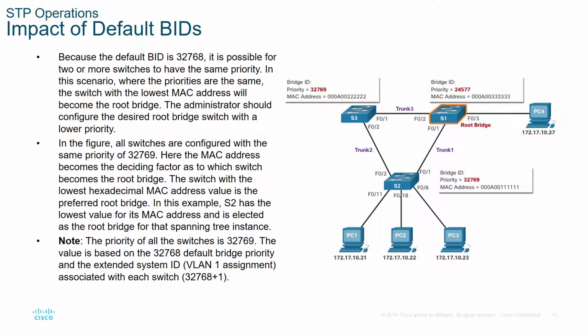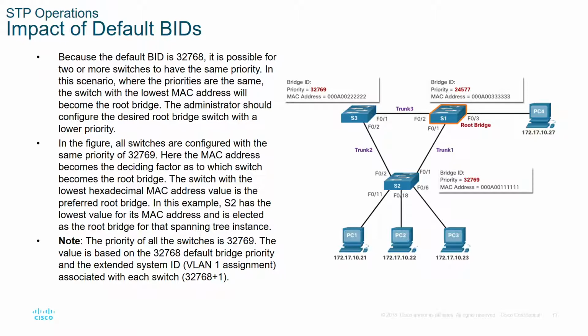The switch with the lowest hexadecimal MAC address value is the preferred root bridge. In this example, S2 has the lowest value for the MAC address and is elected as root bridge for the spanning tree instance. But of course, we've changed the priority of one of those. So S1, we changed the priority to 24,577, and then that becomes the root bridge.